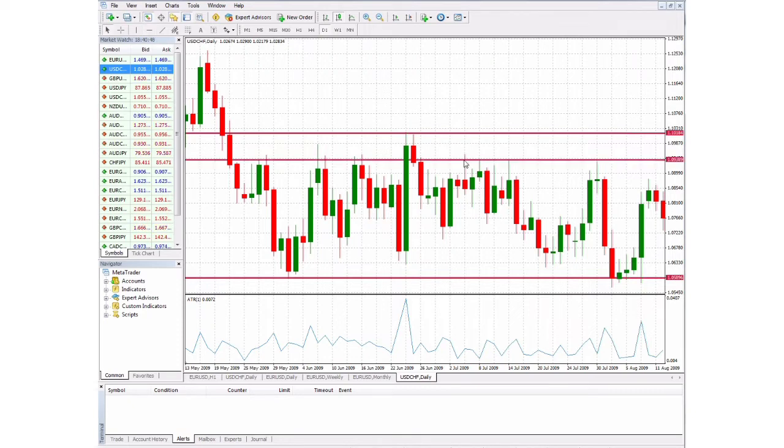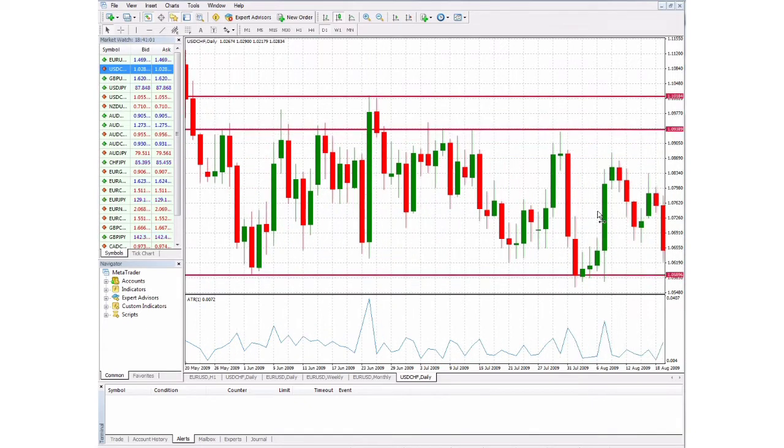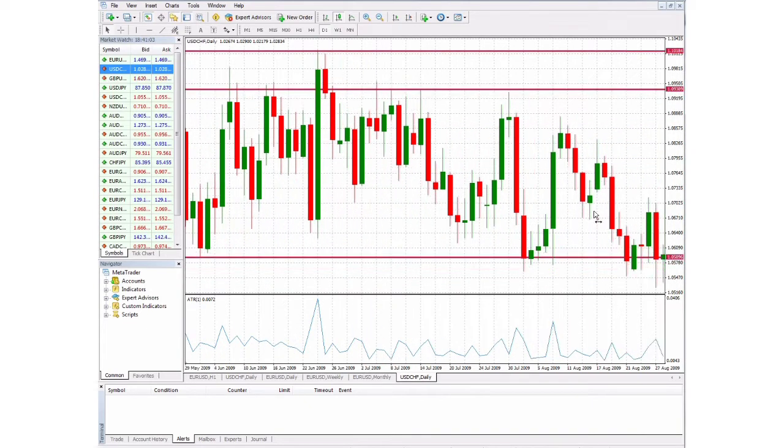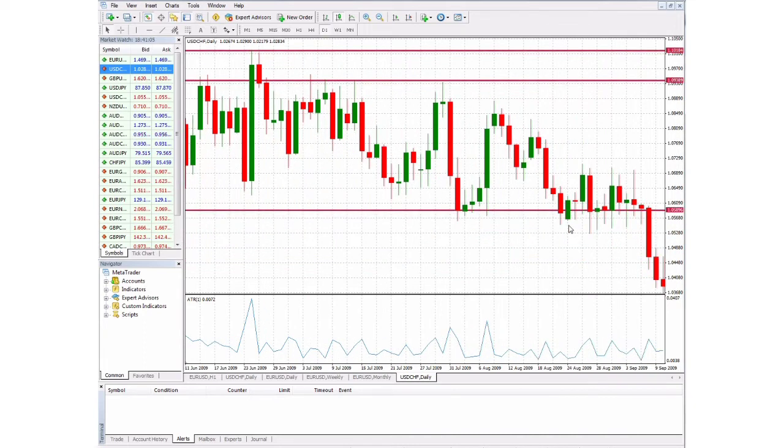other levels come into play. Okay, you can see this level here moves up, bounces off that level, comes back, bounces off that same level that we previously identified. Let's see what happens as we move on. Okay, bounces off the level, goes up, doesn't quite make it, comes back down.